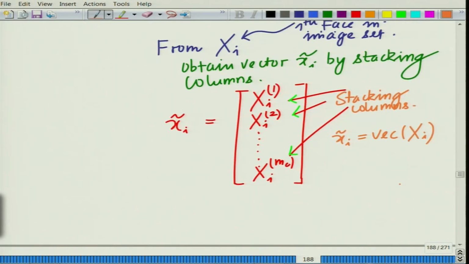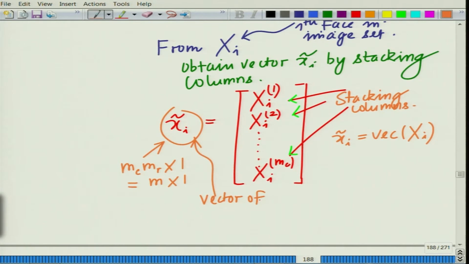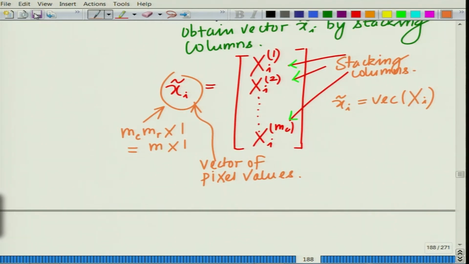Naturally, this x tilde i is going to be an MC times MR cross 1 vector, that is, M cross 1, and this is going to be the vector of pixel values.